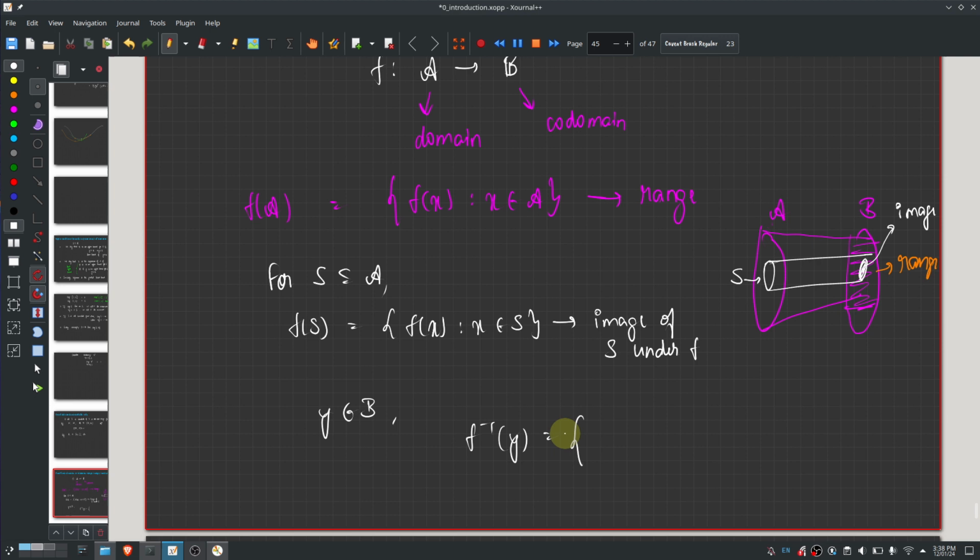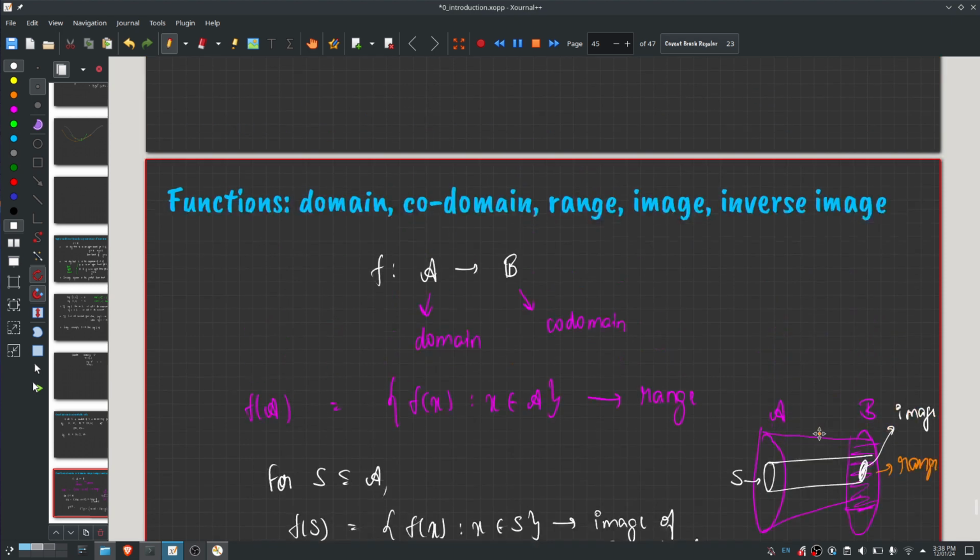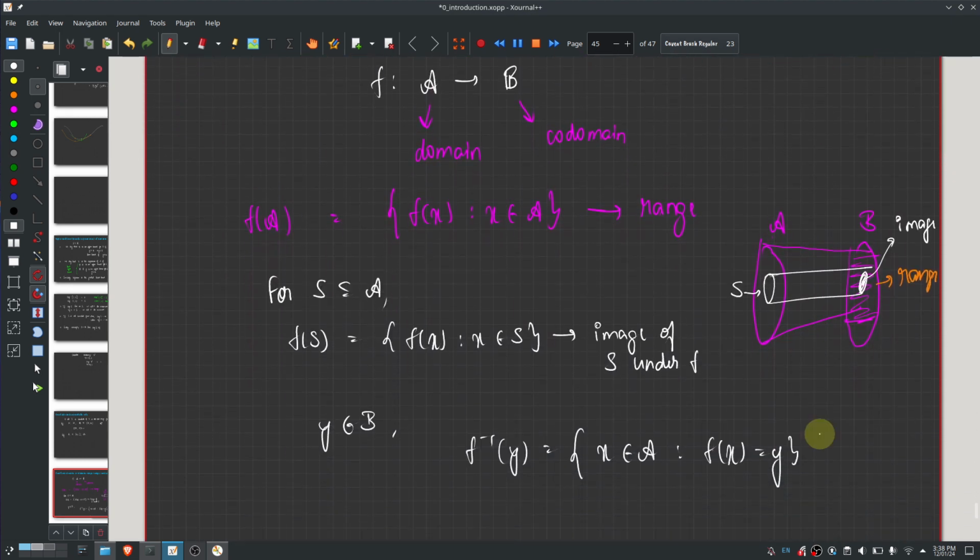There could be multiple points that map to this particular y, or there could be no points that map to y. So it is the set of all x in A such that f of x equals y. This is what I call the inverse image.